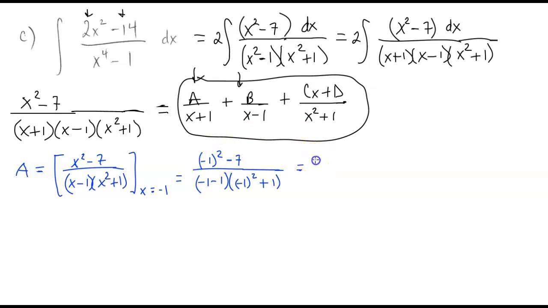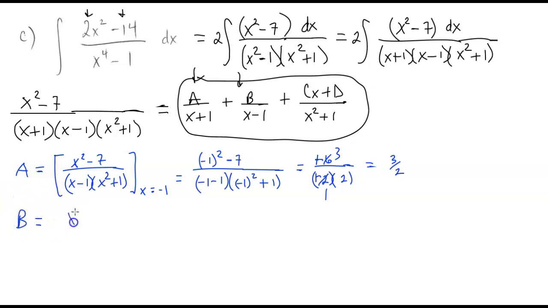In the numerator, that's going to give us a -6. In the denominator, we'll have a -2 times 2. Negative divided by negative is a positive, and we'll reduce, so that gives us 3/2. So that is what our A is.